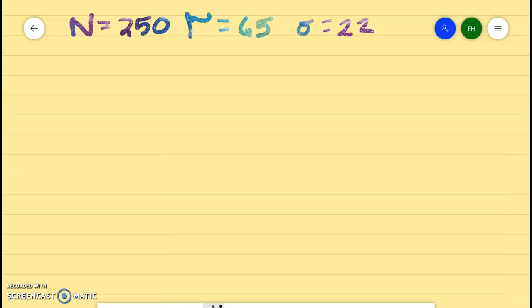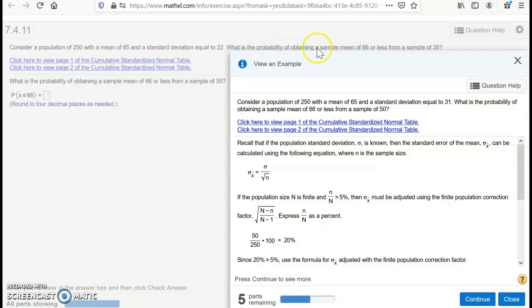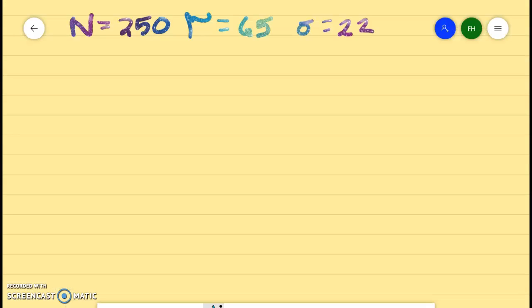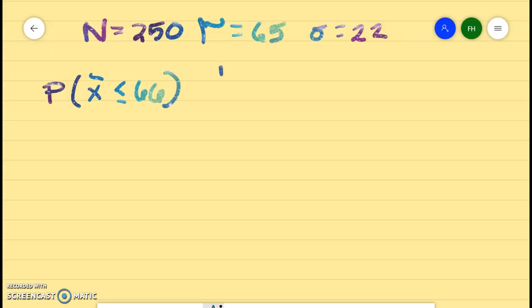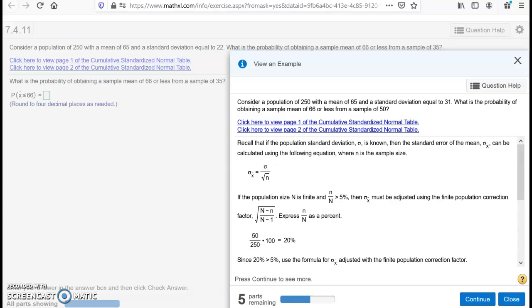I always try to go ahead and label everything that I have. So we want to know the probability of obtaining a sample mean of 66 or less when the sample size n is 35. That is everything they have given us in this problem.